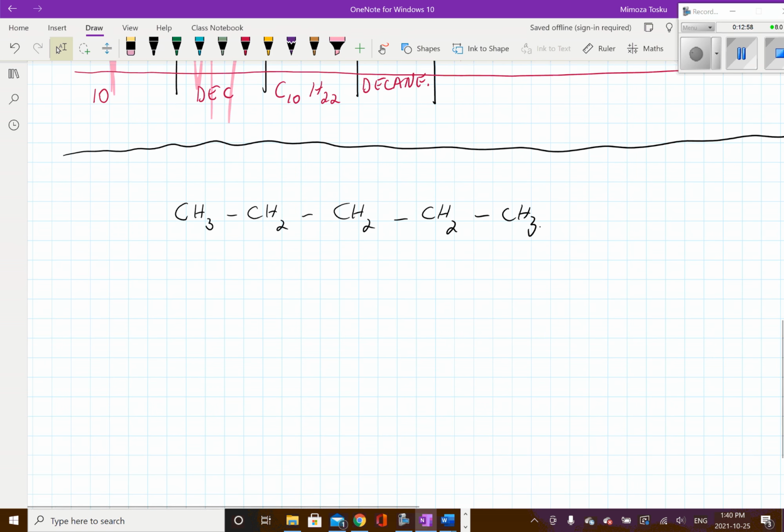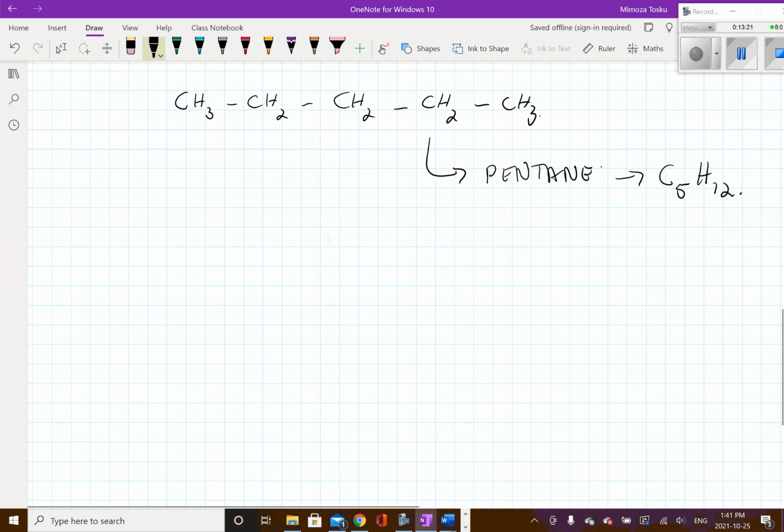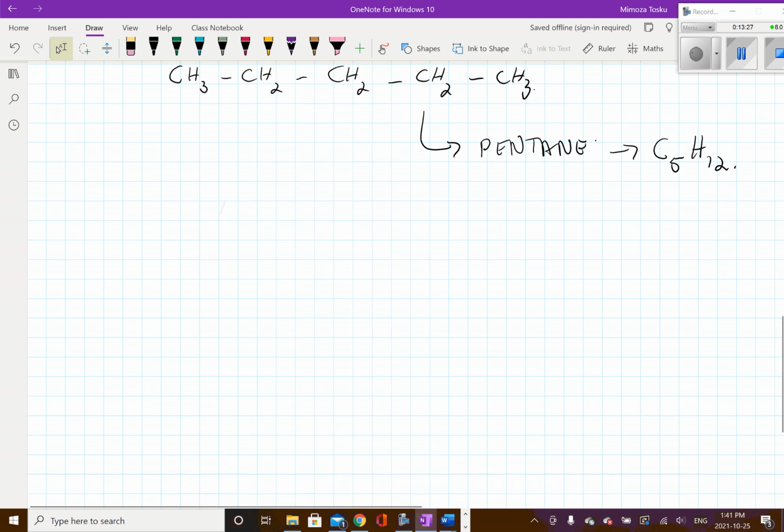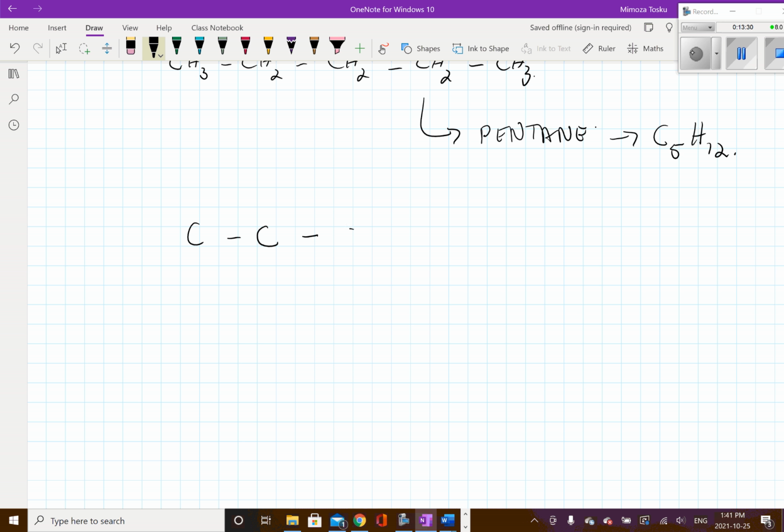When we have a normal, non-branched alkane, it will be named pentane. The molecular formula of it will be C5H12. The full structural formula of this will be 1, 2, 3, 4, 5, and then ticks here for hydrogen, which you may not write.